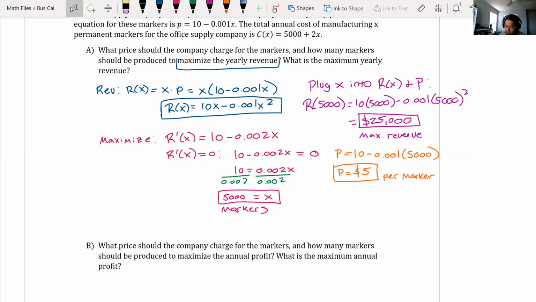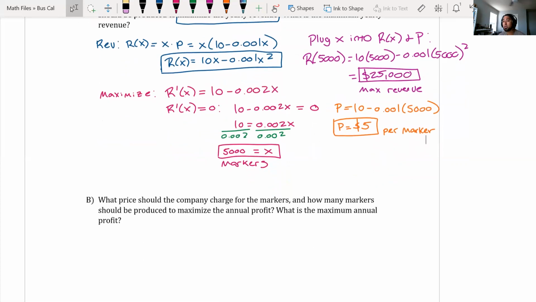Okay. B, what price should the company charge for the markers, and how many markers should be produced to maximize the annual profit? What is the maximum annual profit? Okay. So our job is to maximize the profit function. We don't have a profit function, but once again, we know how to make one.